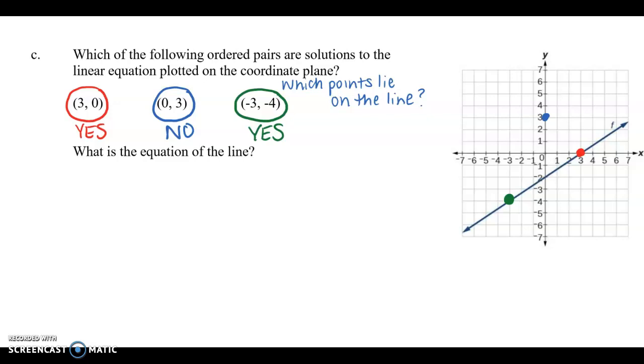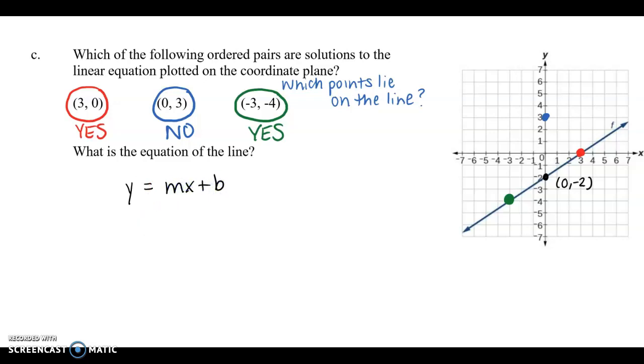Finally, we are recalling how to write the equation of a line from a graph, which is the unit we just tested on. So hopefully we remember this. I can see my y-intercept right here, which is -2. So that means I'm going to use slope-intercept form, y equals mx plus b.